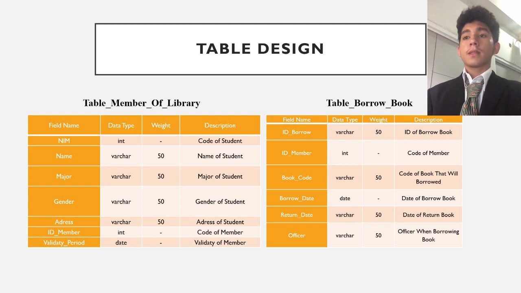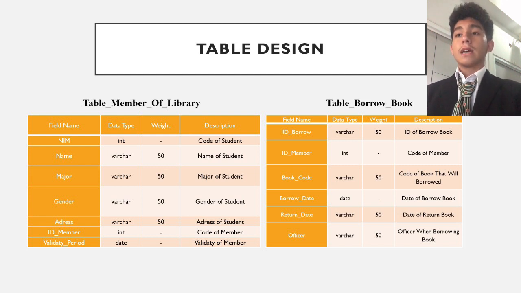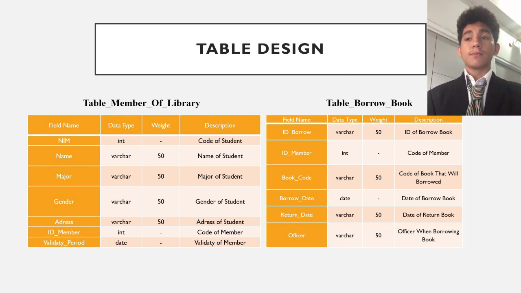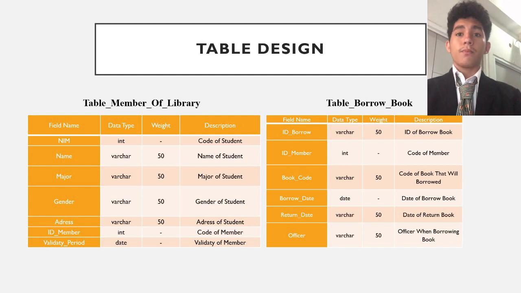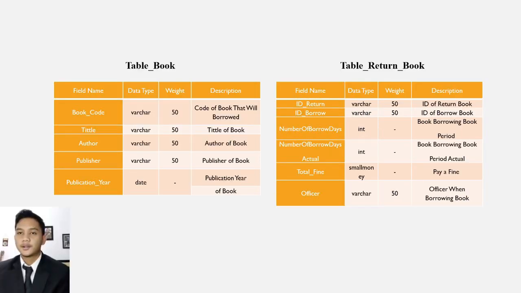Borrow date, data type date, weight strip, description, date of borrow book. Return date, data type varchar, weight 50, description, date of return book. Officer, data type varchar, weight 50, description, officer when borrowing book.